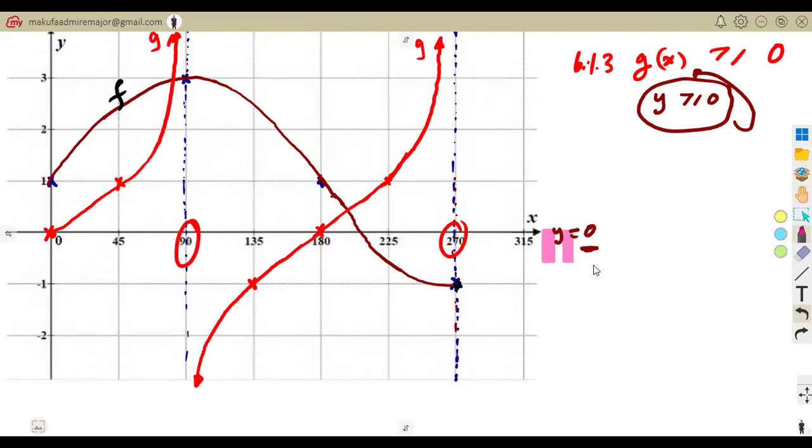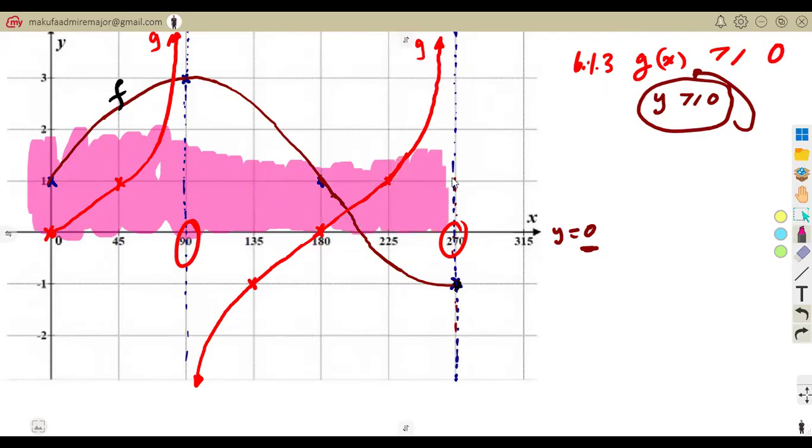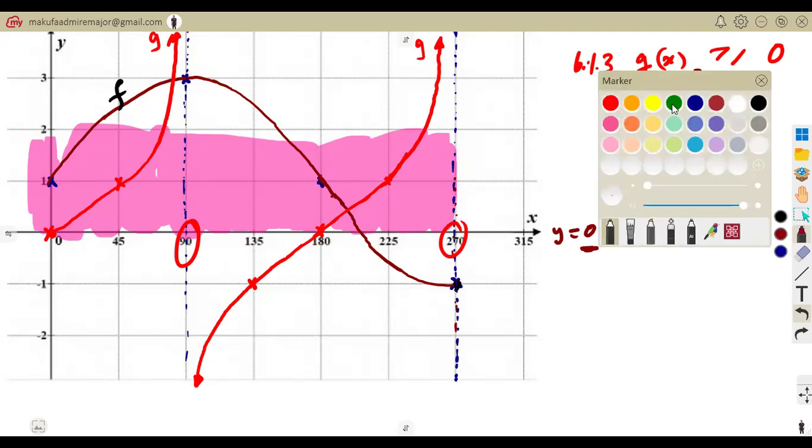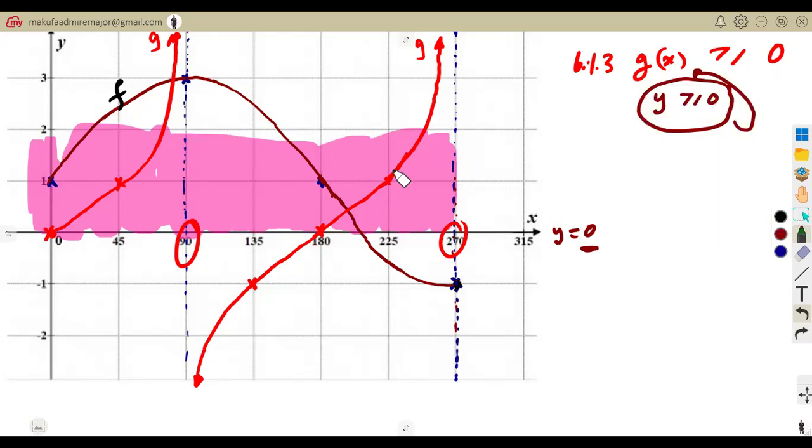Anything on top of this x-axis, it must be a region on top of the x-axis. Starting from the x-axis, going up.